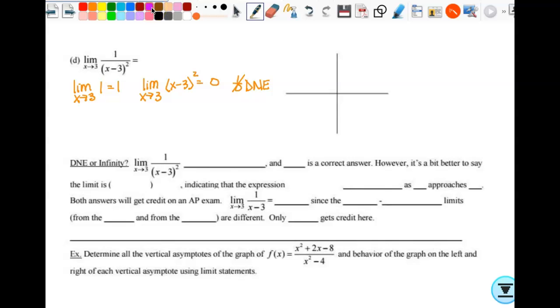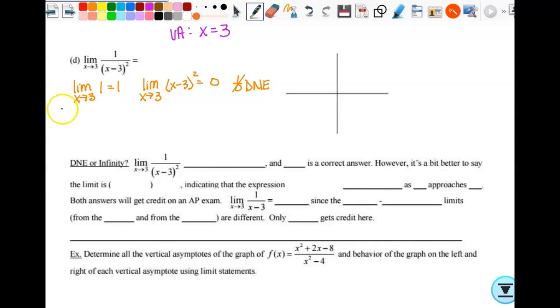Okay. So DNE, so we're going to do the same thing we did before. We're going to look at it from the left, and we're going to look at it from the right. Do I have a vertical asymptote? Yes. My vertical asymptote, again, is at x equals 3, because that's the zeros of the denominator.